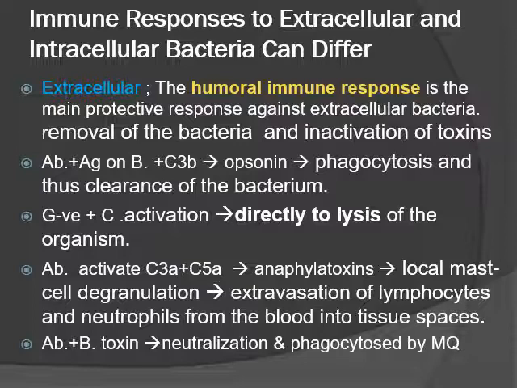Antibodies bind to antigen on the surface of bacteria with C3b اللي هي component of complement act as an opsonine to increase phagocytosis and clearance of the bacteria. In the cases of bacteria من تكون gram-negative organism, complement activation can lead directly to the lysis of organism.